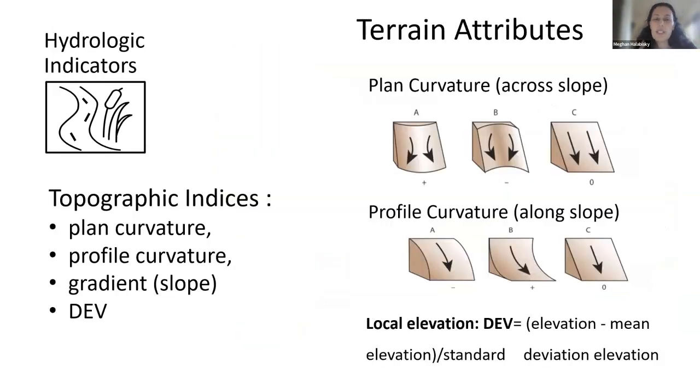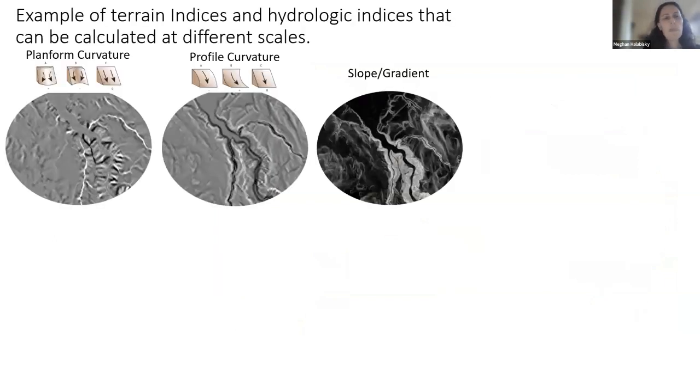And then this was kind of our big breakthrough, realizing that there's a lot of different features that are common to wetlands that have different kinds of curvatures, and depressions and slope. There's lots of different indices we can use to measure the different kinds of curvatures across the landscape.